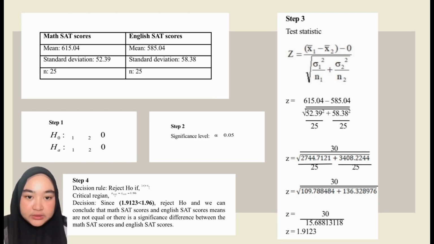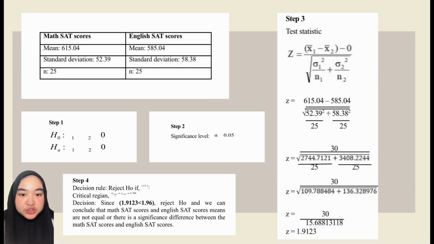The first step is the table, step 2 is the significance level, step 3 is the test statistic, and step 4 is the decision rule: reject H0, and we can conclude that the math SAT score and English SAT score means are not equal, or there is a significant difference between the math SAT score and English SAT score.